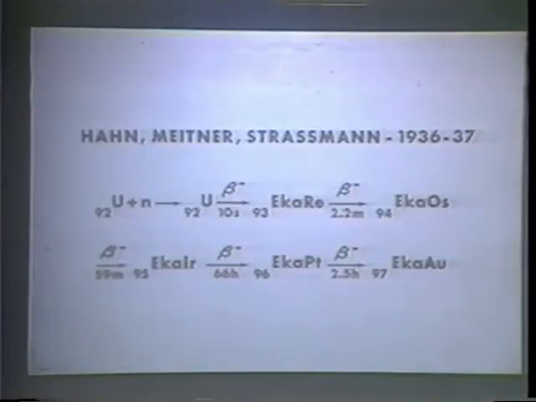And this work was actually carried on in Germany by Hahn, Meitner, and Strassmann. And they found a number of activities that seemed to have the chemical properties, as predicted by the periodic table of that time, ekarhenium, osmium, iridium, and so forth.